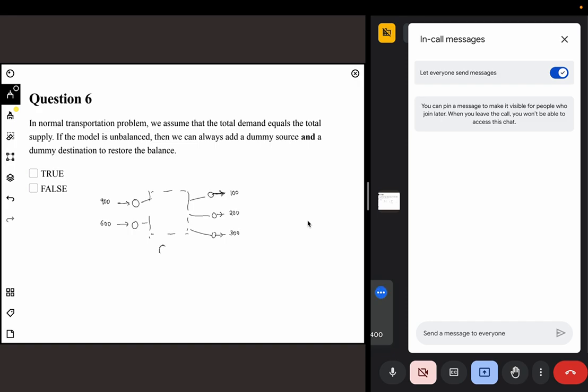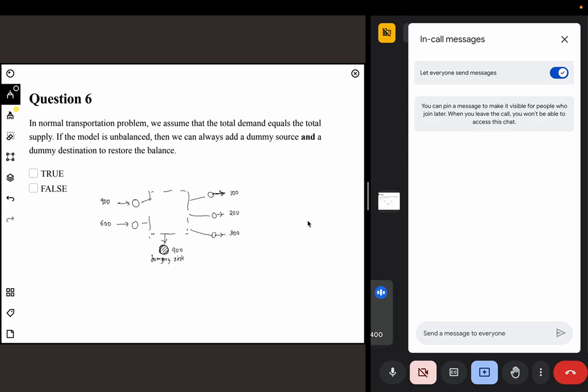What this question says is, we'll add a new source or new sink, whatever it is. You can do it in two ways. Now you have 900 plus 600, 1500. Here you have 600. To match that extra 900, you can keep a dummy sink like this. This is my dummy sink. This does not exist in reality, but once I keep that, everything will be balanced, right?